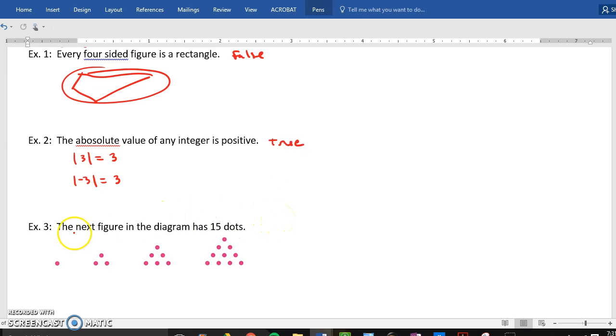Okay. Example 3. The next figure in the diagram has 15 dots. All right, well, let's look at the pattern. 1 dot, 3 dots, 6 dots, 10 dots. So what is happening here, right?